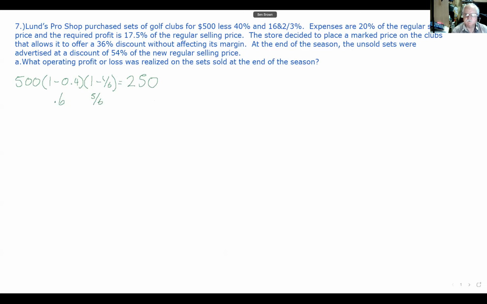Expenses are 20% of the regular selling price and required profit is 17.5. So again, we can figure out the regular selling price.